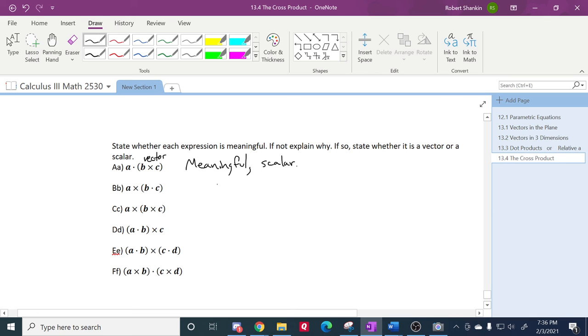Okay, do part B. Same thing. Type this into your group chat, but don't hit enter yet. Go ahead and hit enter. Group 1, is this meaningful?